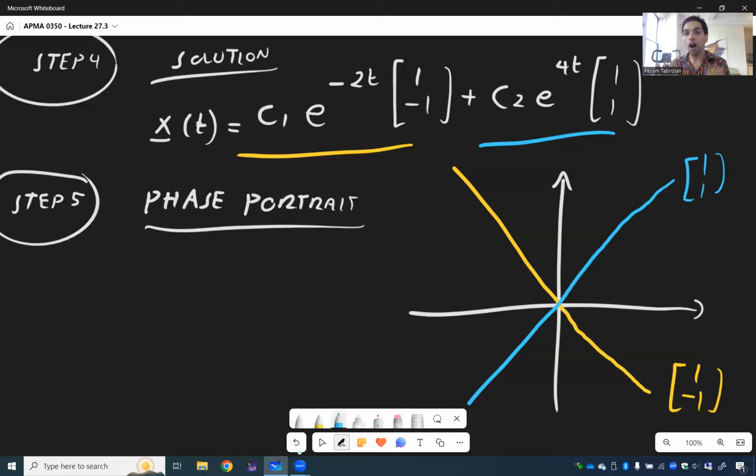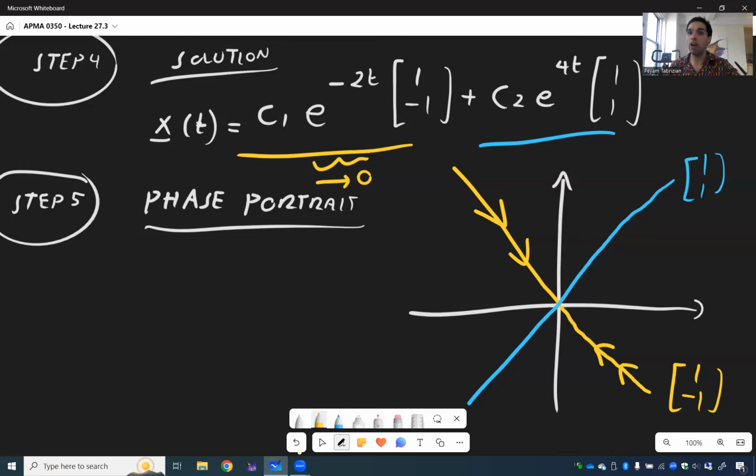Then on each axis, you want to draw some arrows depending on whether solutions go to 0 or away from 0. So if you look carefully, on the axis (1, -1), this e^(-2t) term goes to 0. So in particular, the solutions go towards the origin.